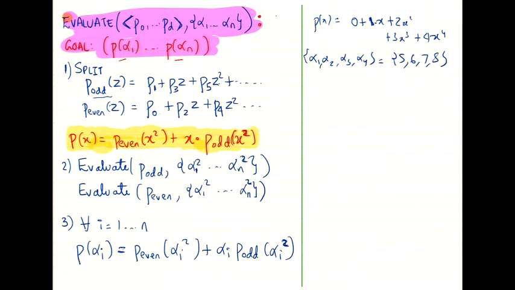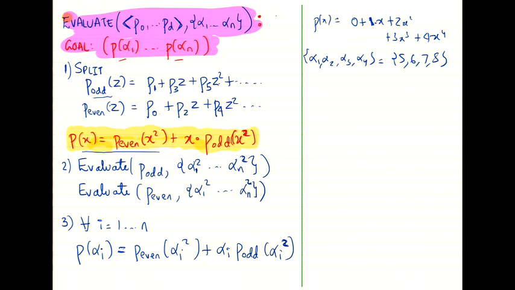Every other alternate coefficient, put them in a different vector. So you get two different polynomials. This is called p odd and p even here. And I claimed that these two polynomials together can recover p via this algebraic identity. P of x is p even x squared plus x times p odd x squared. Okay? This algebraic identity actually gives us a way to recover p from these two polynomials.